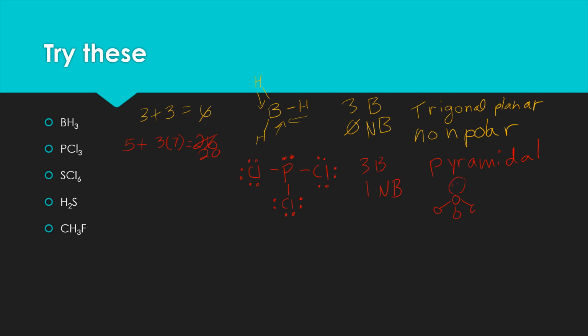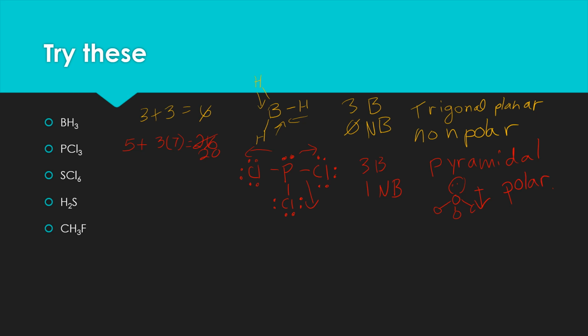So pyramidal is going to be polar. Our chlorines are going to be more electronegative than our phosphorus, so all of our dipoles would point towards the chlorines. So if we had this little pyramid, all of our dipoles will be pointing down towards those chlorines, so this is definitely polar.